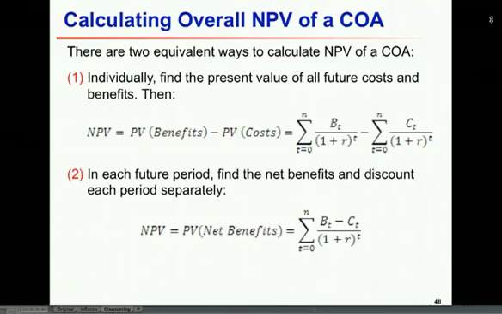I just showed you in the last section how you calculate the present value of a stream of benefits or the present value of a stream of costs. You could find the present value of all future costs and the present value of all future benefits, and the net present value will be the present value of the benefits minus the present value of that stream of costs. And you can see here that you'd have two summations in that case.